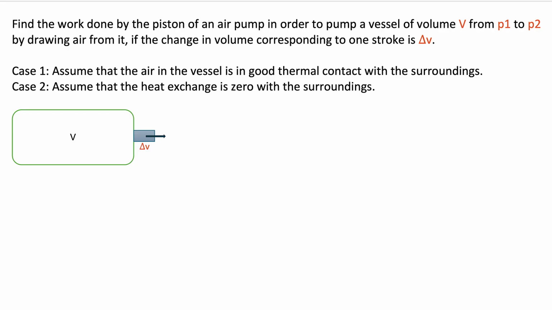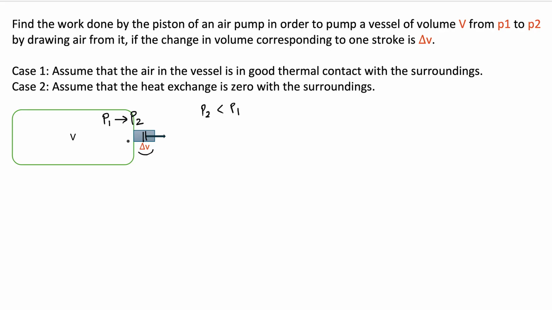So if that kind of vessel is there and initially the pressure is P1, using the piston we are pumping out delta V volume, and effectively finally we reduce this pressure to P2. So P2 is less than P1. The question is, what is the work involved here?